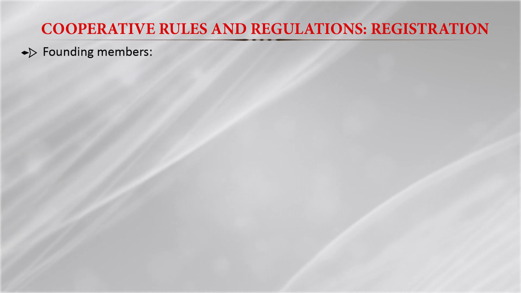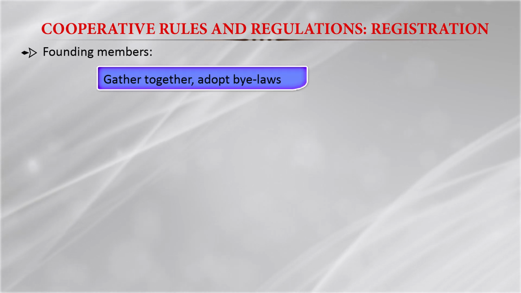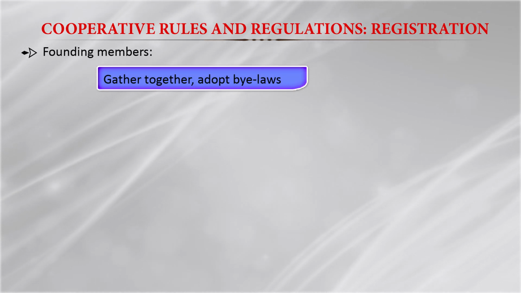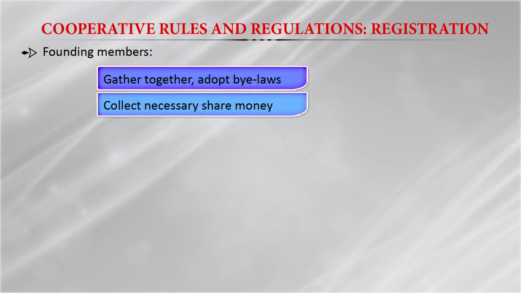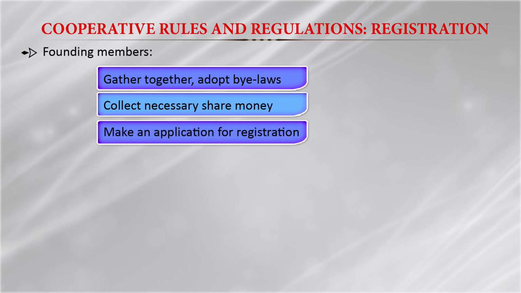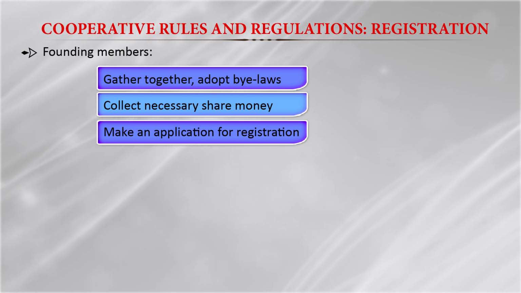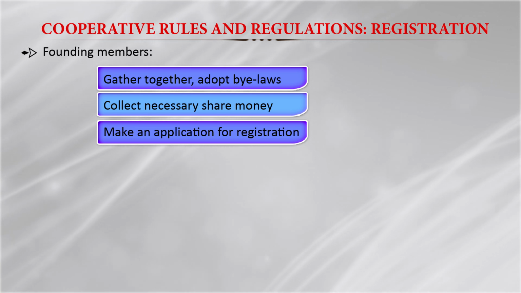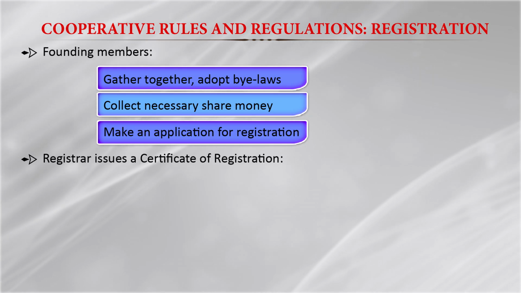The founding members gather together and adopt the by-laws in a meeting, and they collect the necessary share money from the members. Then the founding members make an application for registration to the registrar of the cooperative society, and the registrar issues a certificate of registration.